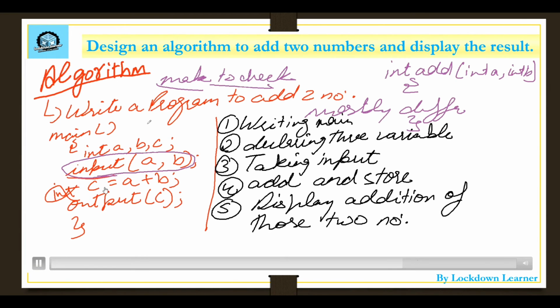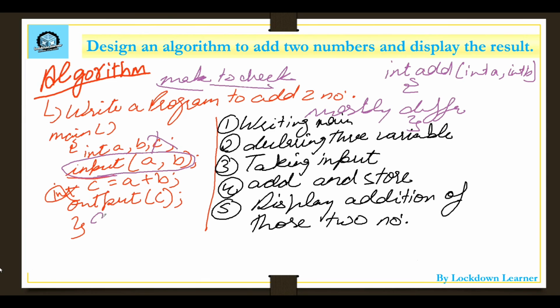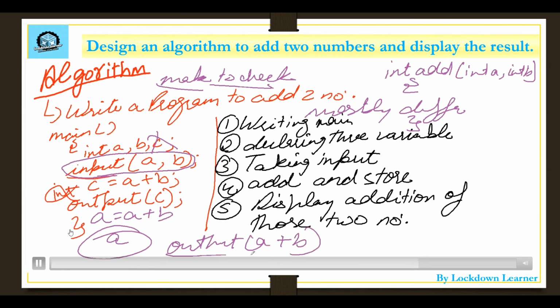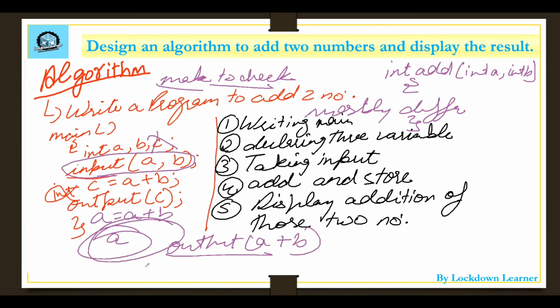Some will not take a third variable. Some will do a equals a plus b and display a, and some will output a plus b directly. There are different approaches for a single program.